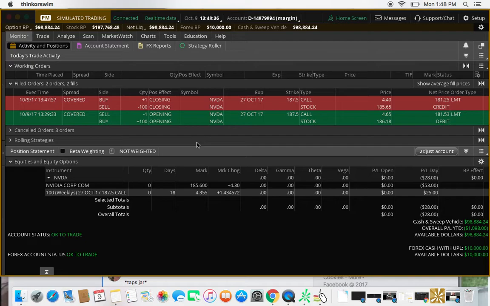Okay. When you sold everything, when you closed out, you sold your stock at 185.65, and you bought the option back at $4.40. Okay. So you basically bought at 181.53 and you sold at 181.25.